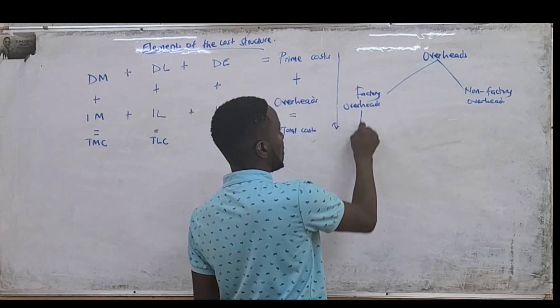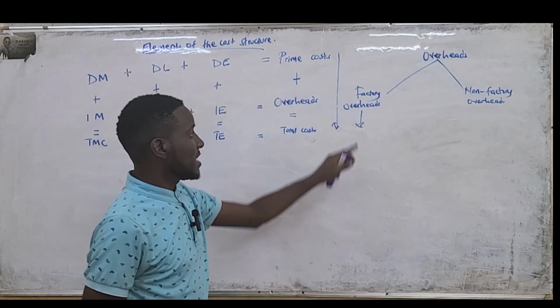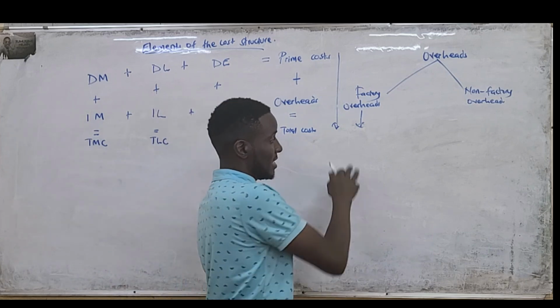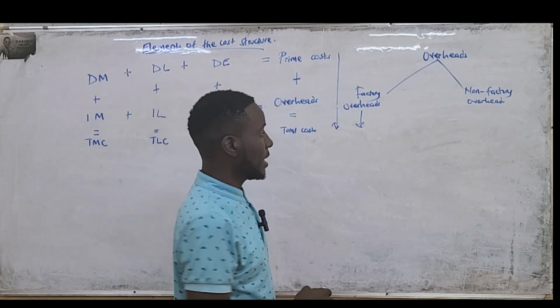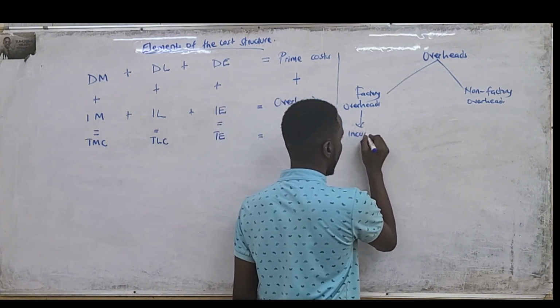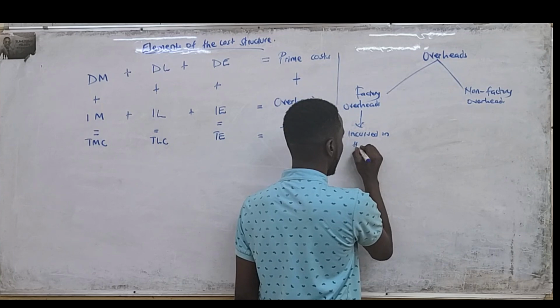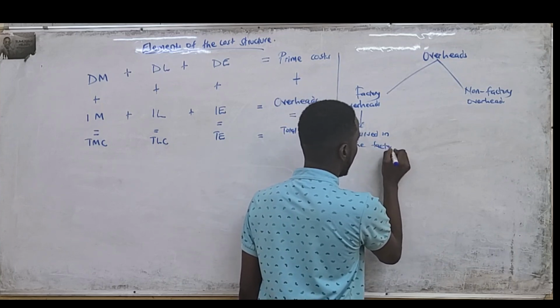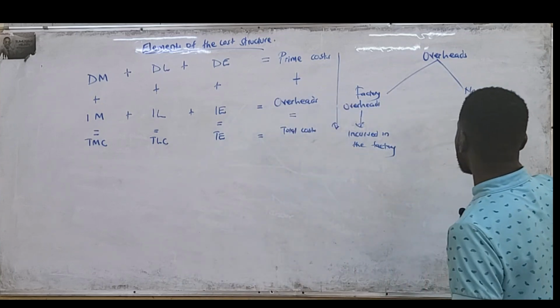Now the factory overheads, these ones are incurred in the factory, and the non-factory overheads are incurred outside the factory.